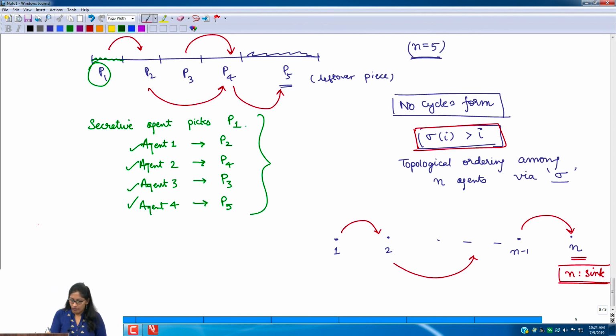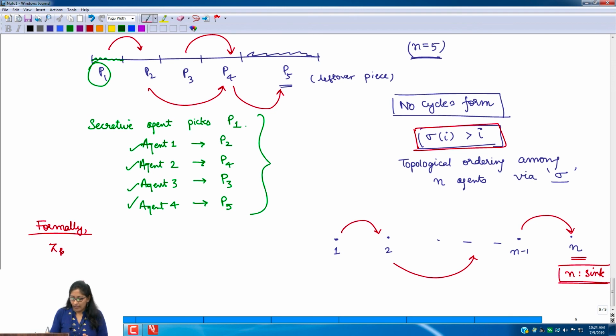And formally what is happening is, we need to construct the bijection pi k, right? Remember, for every choice k of the secretive agent, we needed to come up with a bijection.